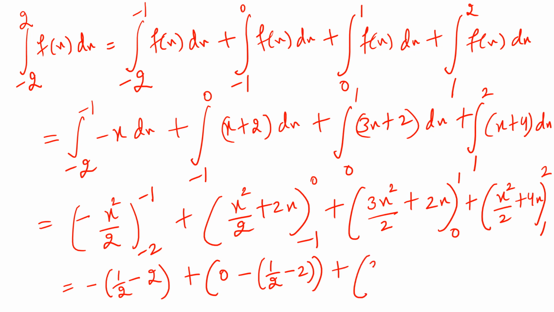This becomes 3 by 2 plus 2 minus 0, and this becomes 2 plus 8 minus 1 upon 2 minus 4. Now students, we do the calculations and get the final answer.